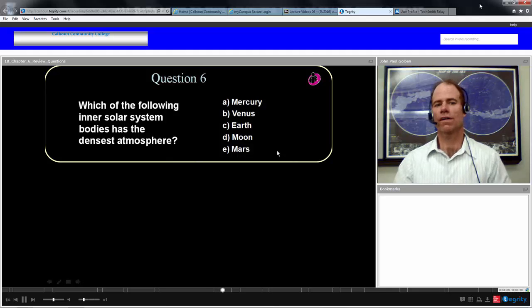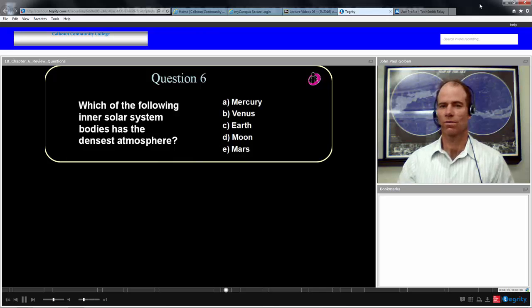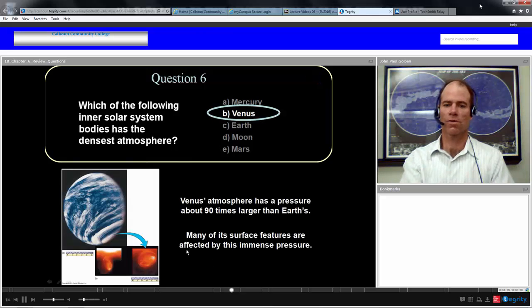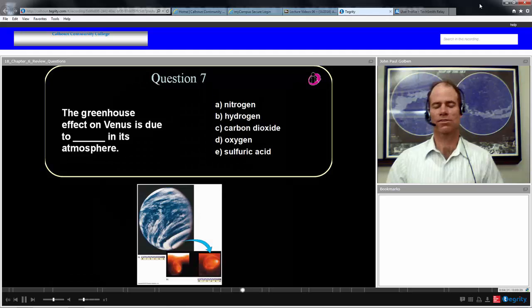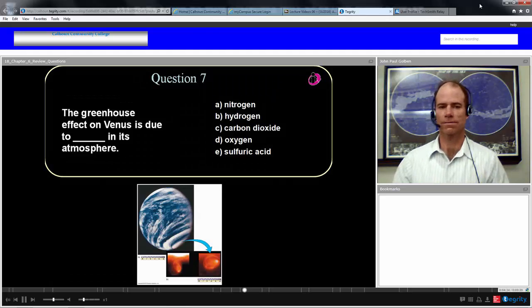Which of the following inner solar system bodies has the densest atmosphere? Well, that would have to be Venus, with 90 Earth atmospheres of pressure, helping contribute to its surface features. The greenhouse effect on Venus is due to blank in its atmosphere.